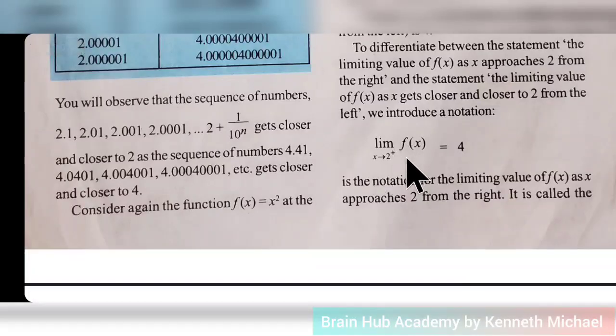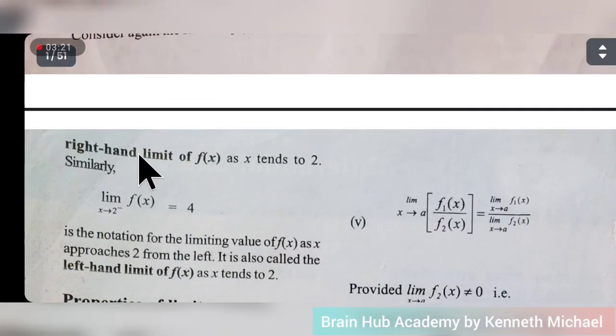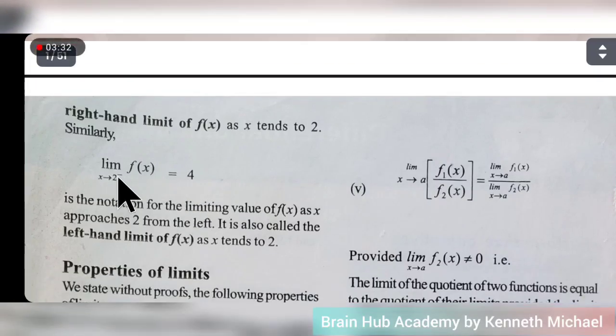So what it means from the right is that as s tends to 2, and that 2 is indicated by the positive sign, look at it there, so that is from the right. It is called the right hand limit of f of s as s tends to 2. So lim f of s equals 4.